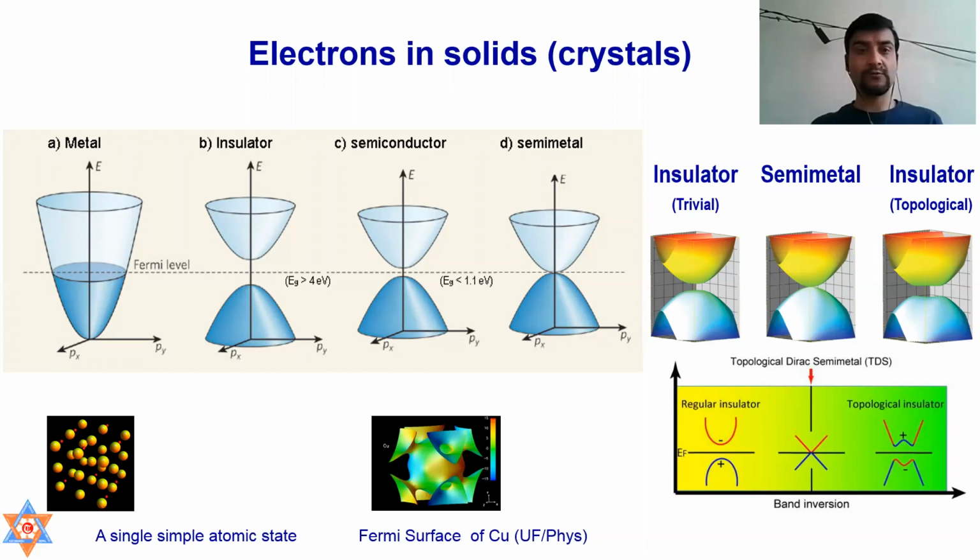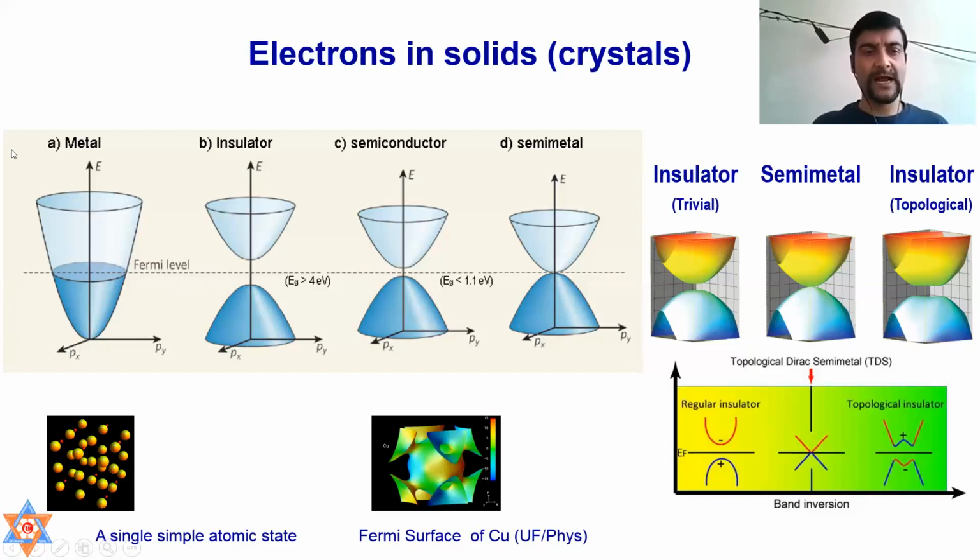So let's have a look at this section, the left section. What you see here, sub-figure A, is considered as a metal. This is based on the dispersion of the bands starting from the Fermi level. Let me clarify just this one first. Forget about this. So let us say this is my figure.